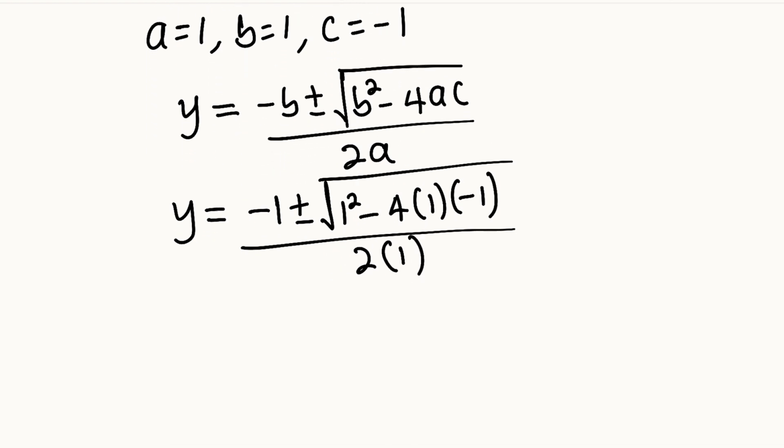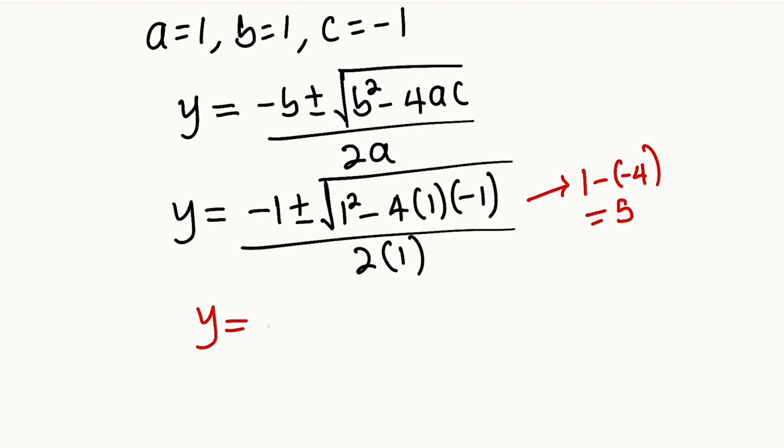Alright, let me first of all simplify what is under the square root. 1 squared is 1, so I have 1 here, minus 4 times 1 times -1 is -4, so we have -4 here. The whole of this is positive 5. So what I have under the square root is 5.